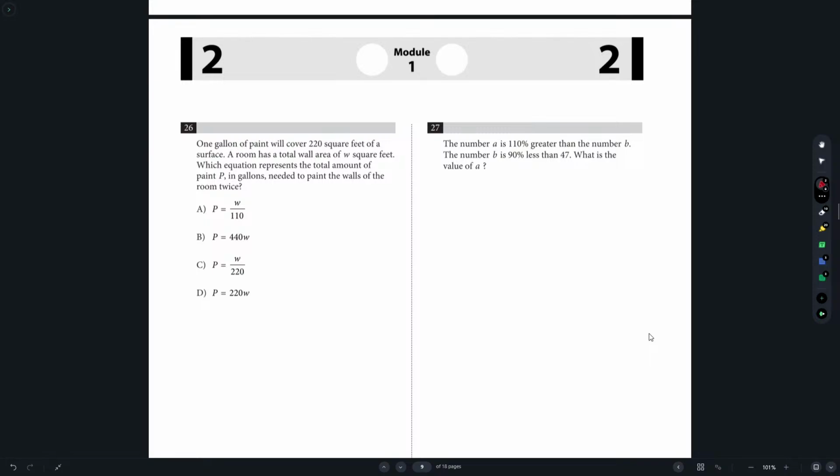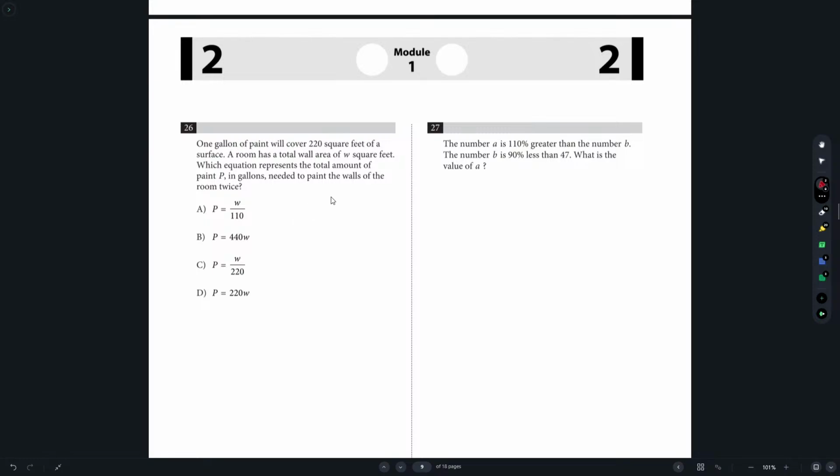1 gallon of paint will cover 220 square feet of a surface. A room has a total wall area of W square feet. Which equation represents the total amount of paint P in gallons needed to paint the walls of the room twice? Okay, 1 gallon covers 220 square feet. So the number of gallons would be the area divided by the coverage per gallon.